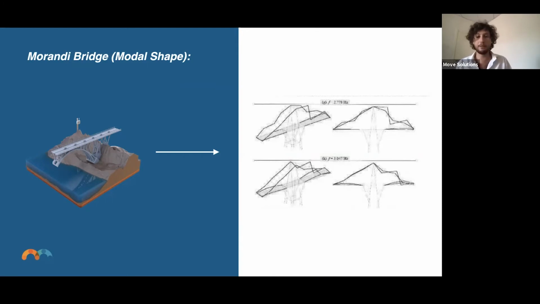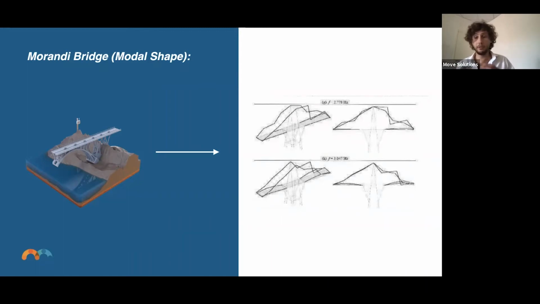This picture is taken from a document published by a university, which made a study, I think, a year before it failed, or 6 months before. But they addressed that by making a modal analysis, a vibrational analysis, and they understood that there was something bad, because they could see that the parameters weren't symmetrical.